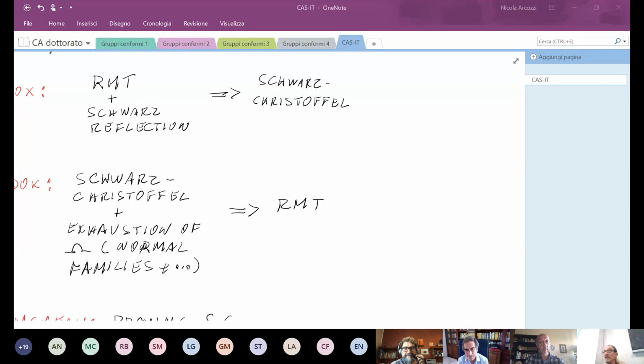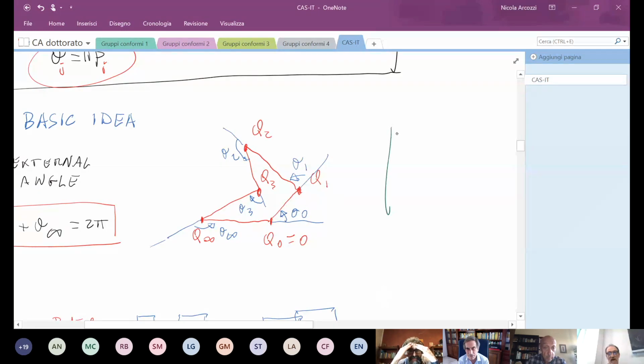For us analysts, there is also a good point to consider polygons, because when you consider extremal problems coming from Dirichlet problems, Dirichlet-Neumann problems, and so on, they boil down to conformal maps onto pictures like this.